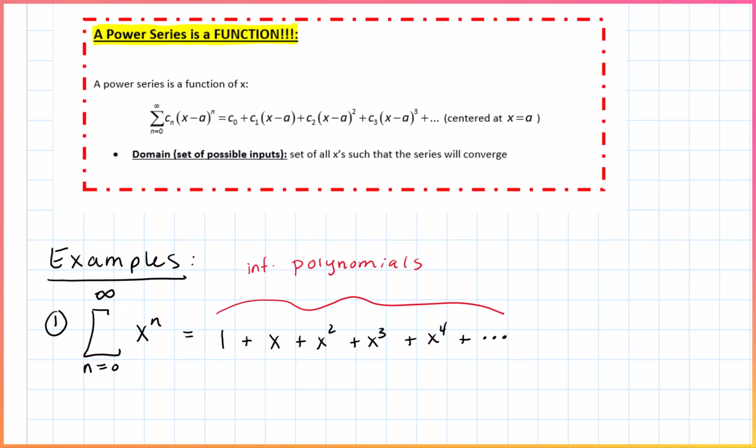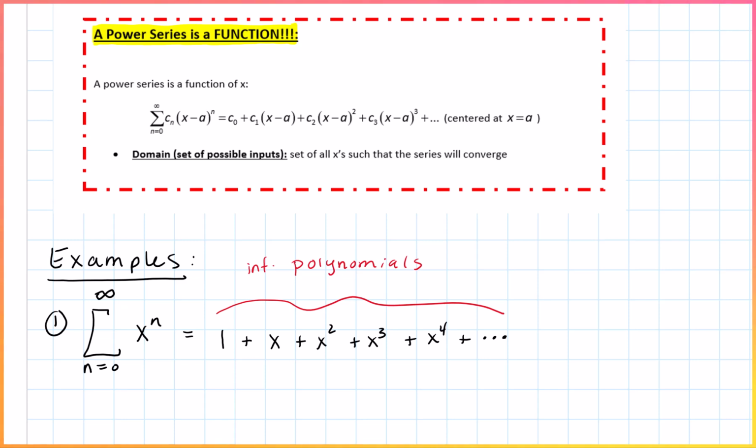They can be graphed, integrated, differentiated. There's all sorts of things that we can do with polynomials. Polynomials are easy functions to work with. So if we can represent other functions as an infinite polynomial, that opens the door to being able to do all kinds of things with functions that we maybe were limited to doing before.